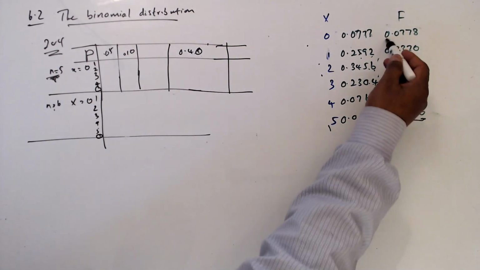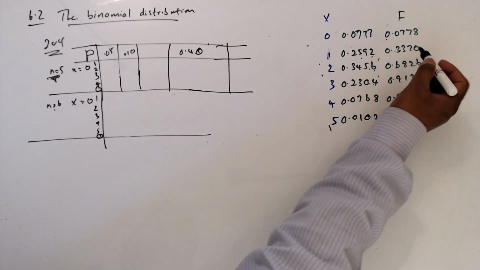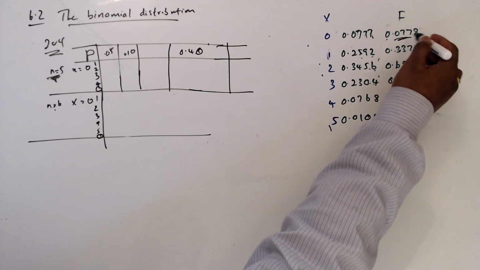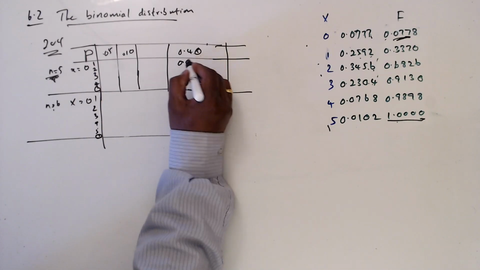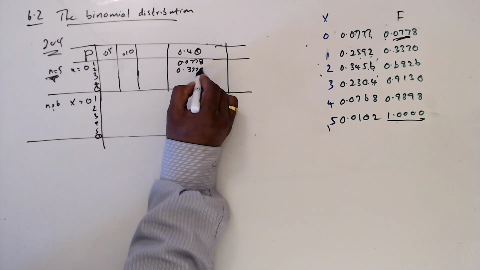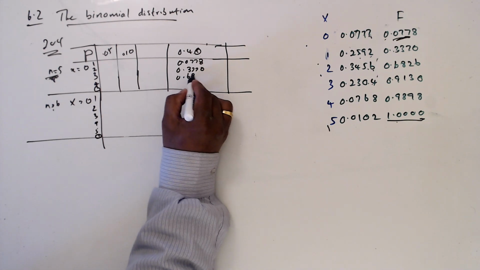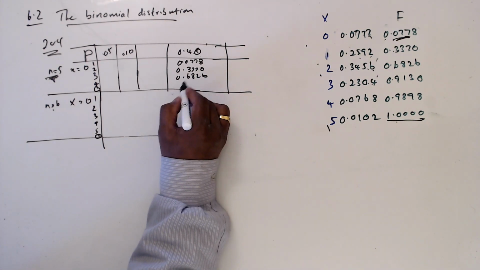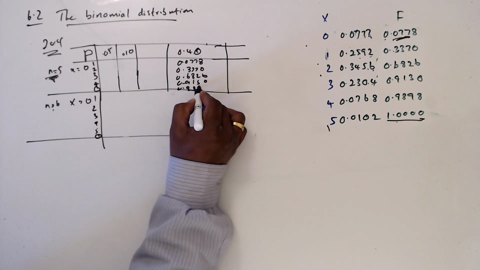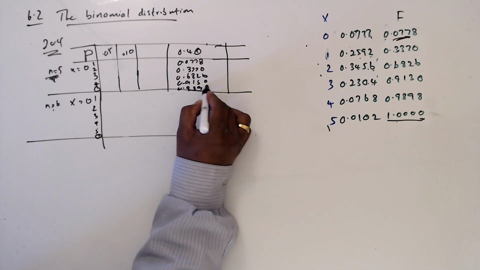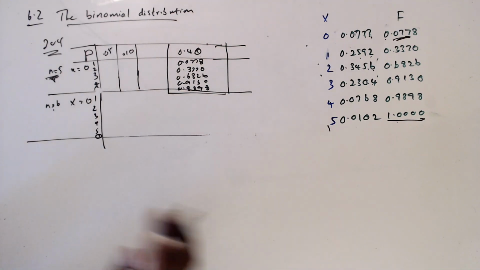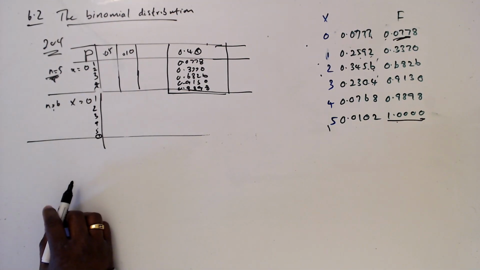You can see these numbers: 0.0778, 0.3370, 0.6826, 0.9130, and 0.9898. But you can't see the last one, the fifth one they don't give, so you have to assume it. So that's how this table is fixed.